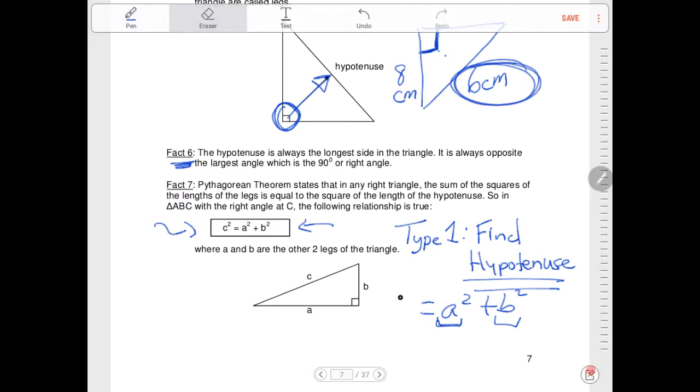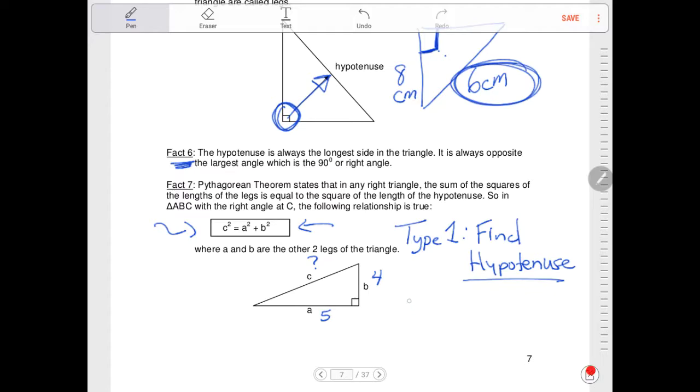So if I erase this here, I'm going to show you how this works out. So let's pretend that I am given A, let's say this side is 5, and I am given B, and this side is 4. And you're thinking to yourself, okay, find side C. Well, you have to think to yourself, okay, I am missing the hypotenuse in this case.